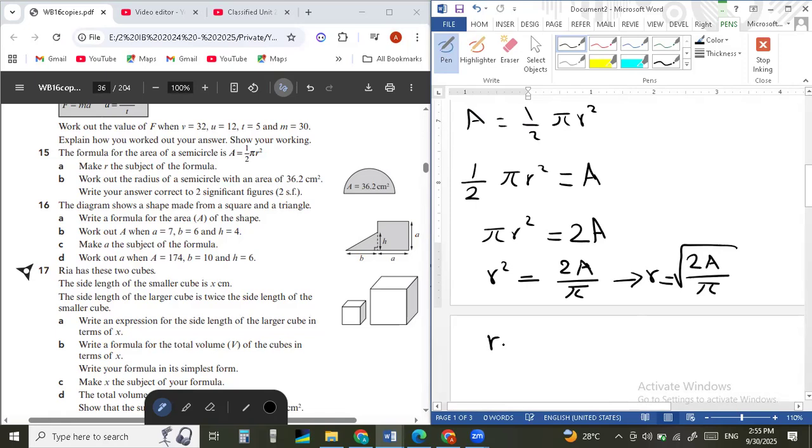So I'm going to say r equals the root of 2 times 36.2 over pi, which is actually the root of 72.4 over pi.